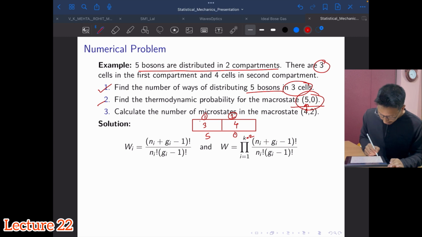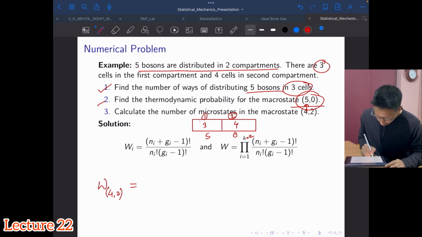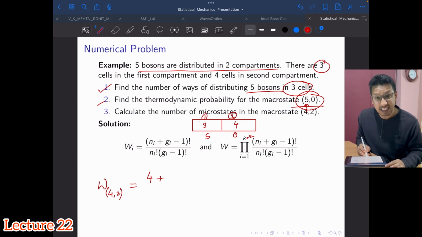So what I have to do, I can write this like 4,2. So here 4 bosons are there in the first compartment and 2 are there in the second compartment. So 4 particles are there in the first compartment and how many cells are there? 3 cells are there.